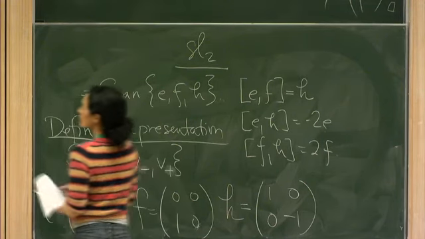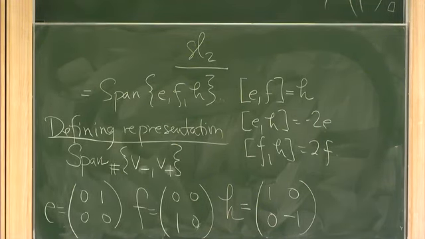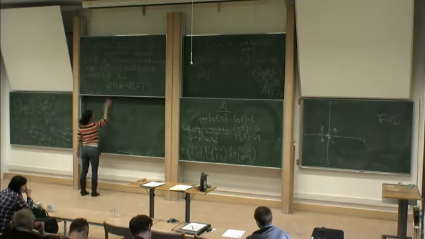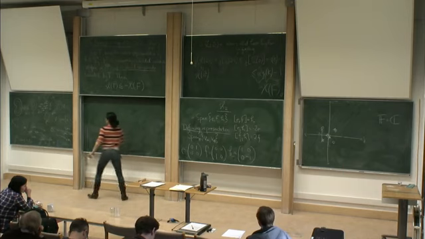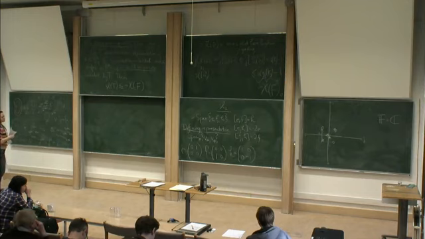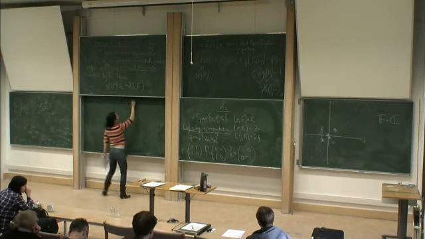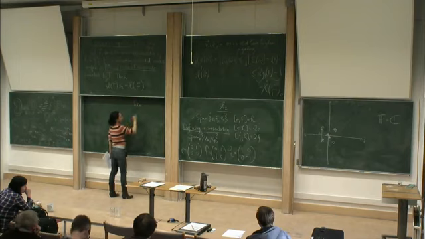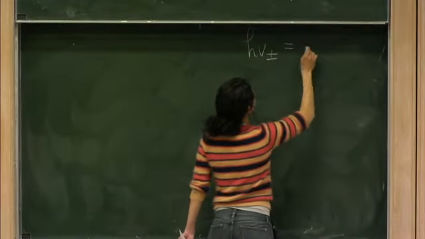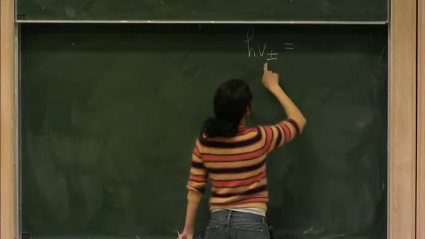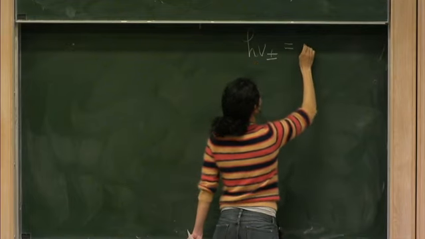And the point here is that h of v plus, v minus, so these are eigenvectors of h, and the eigenvalues are plus or minus 1.